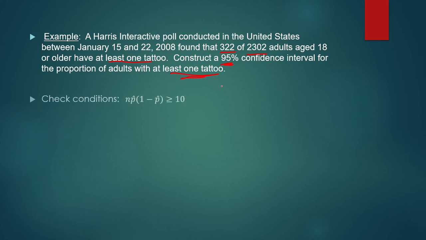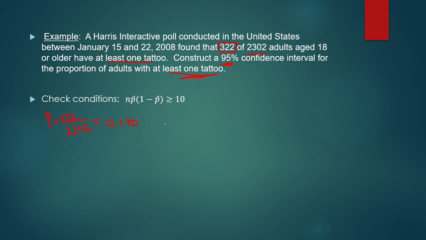Again, we have to check the two conditions, so we make sure that n p hat times the quantity 1 minus p hat is greater than or equal to 10. P hat is equal to the number of successes divided by the sample size. We have 322 divided by 2,302, and this gives me 0.140.